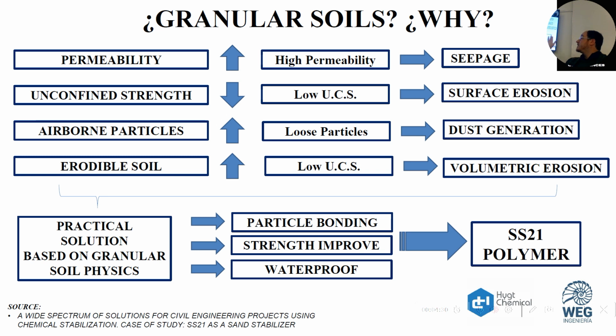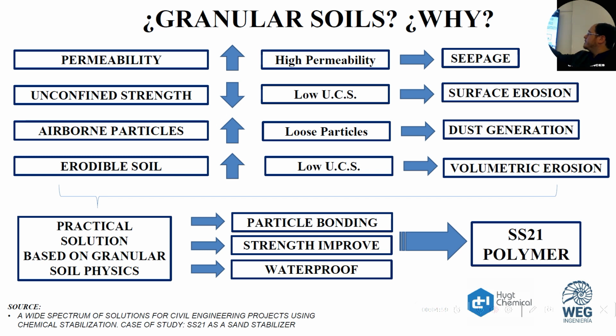That is what leads to surface erosion. In every granular soil, when it is exposed, it tends to disaggregate. That is what unconfined strength means: no strength at superficial level without confinement in depth. Then there are airborne particles. Loose particles in granular soils create a lot of dust. That is another problem in many applications.